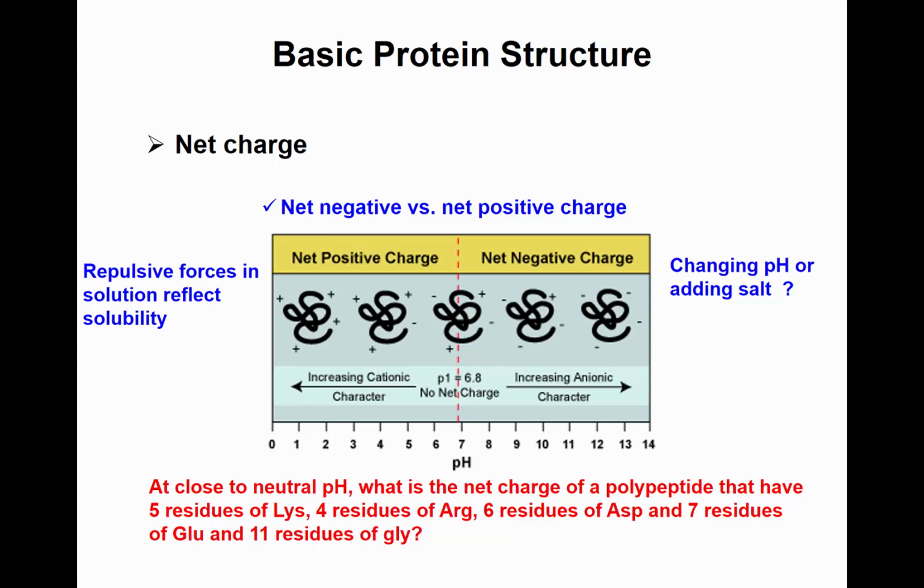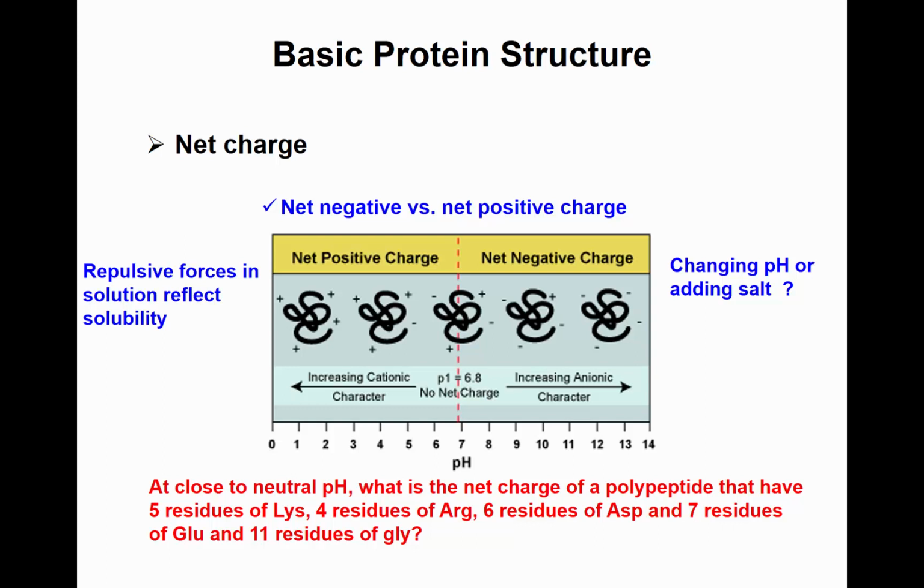All right, what about glycine at close to neutral pH? I heard a whisper that is correct. No net charge. It doesn't carry charge. Glycine has an H for the R group, so it has no extra charge.